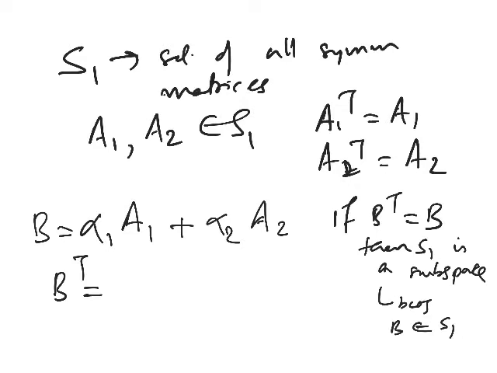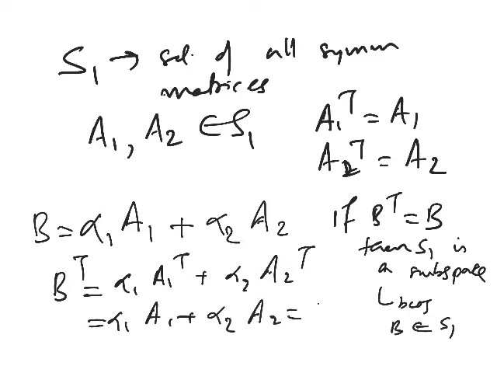The transpose of alpha 1 A1 plus alpha 2 A2 is alpha 1 A1 transpose plus alpha 2 A2 transpose, by the property of transpose. So this becomes alpha 1 A1 plus alpha 2 A2, which is the same as B. So B transpose is the same as B, which means B is also symmetric. So any linear combination of A1, A2 will lie in S1 itself, which means that S1 is closed under scalar multiplication and vector addition, which means S1 is a subspace. You don't have to check any other property, right?